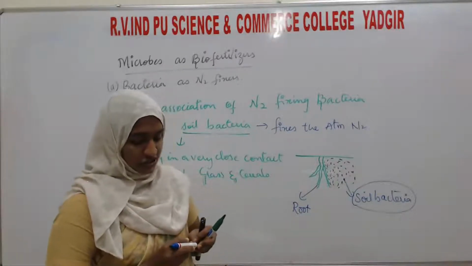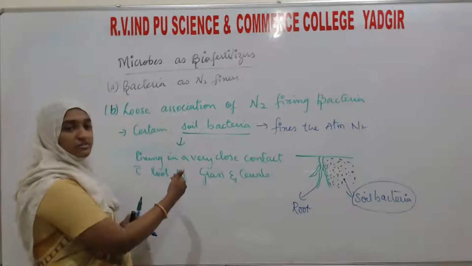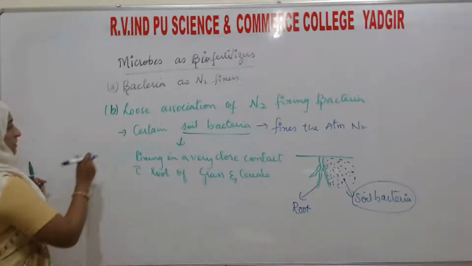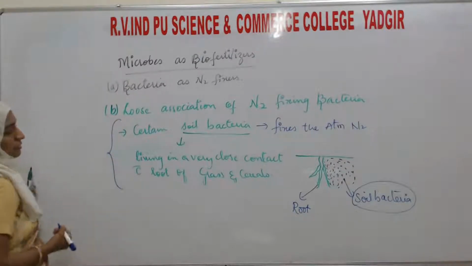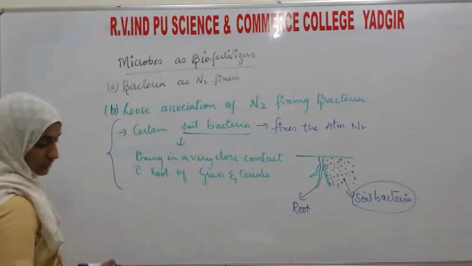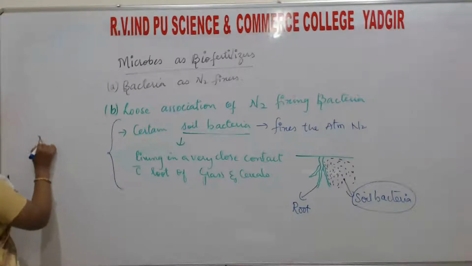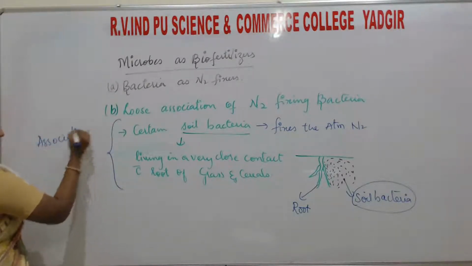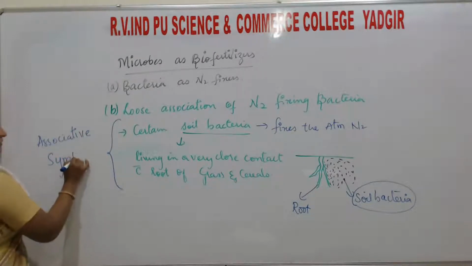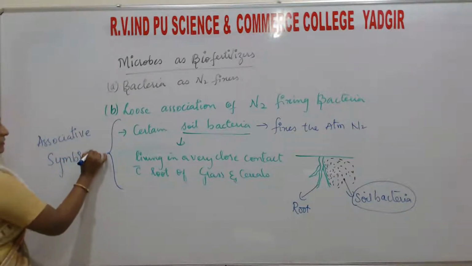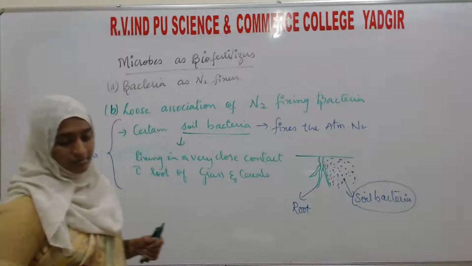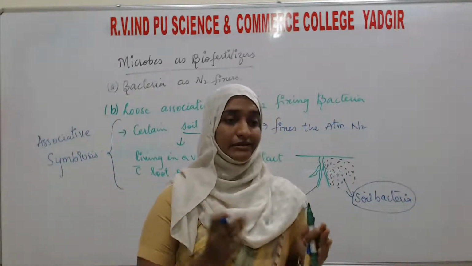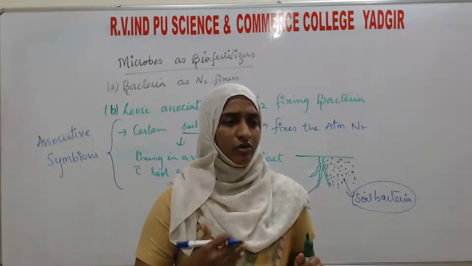This relation you can call associative symbiosis. What I mean by associative symbiosis is that bacteria and these roots are in very close contact.